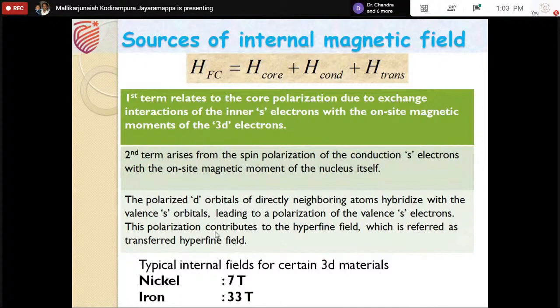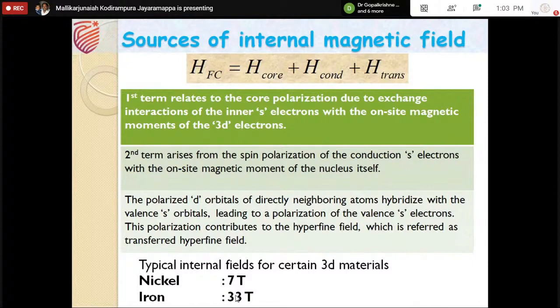Okay, this corresponds to the third parameter. Just for whoever wants to read it, the entire description is given here. And again, these fields contribute to the magnetic field approximately to these values as given here. Okay, approximately 7 Tesla for nickel, for iron 33 Tesla, and for cobalt 21 Tesla.